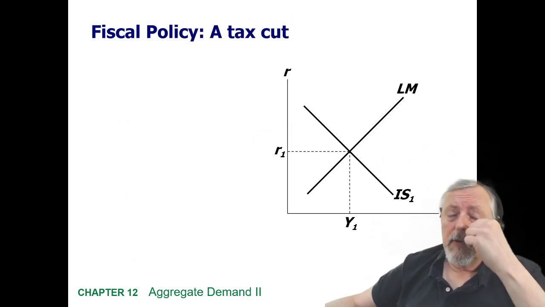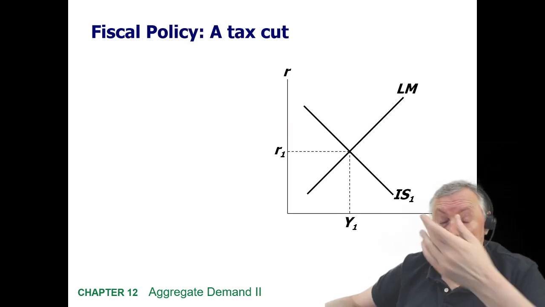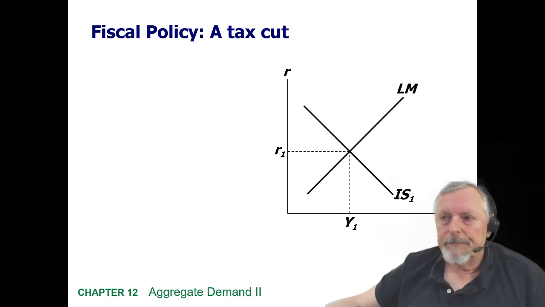In the same way that an increase in spending will increase the size of the economy in this model, a cut in taxes will also shift the IS curve right, causing interest rates to go up and the economy to grow.